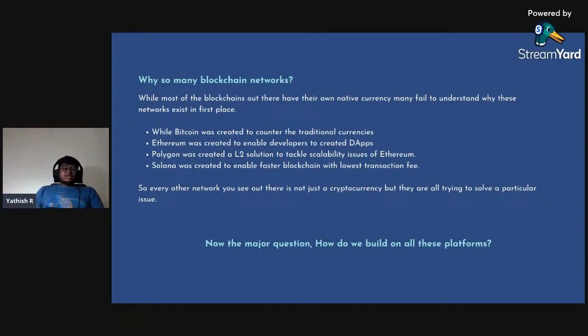Every other network you see out there is not just cryptocurrency. Trust me, they are always trying to solve a particular problem. Like there is a network we call Graph protocol, which solves how outside data comes into the blockchain. So we call it off chain, on chain. On chain is where the data stays on the blockchain, and off chain is where it's outside the blockchain, right? You can't get outside data such as time or weather information inside the blockchain.